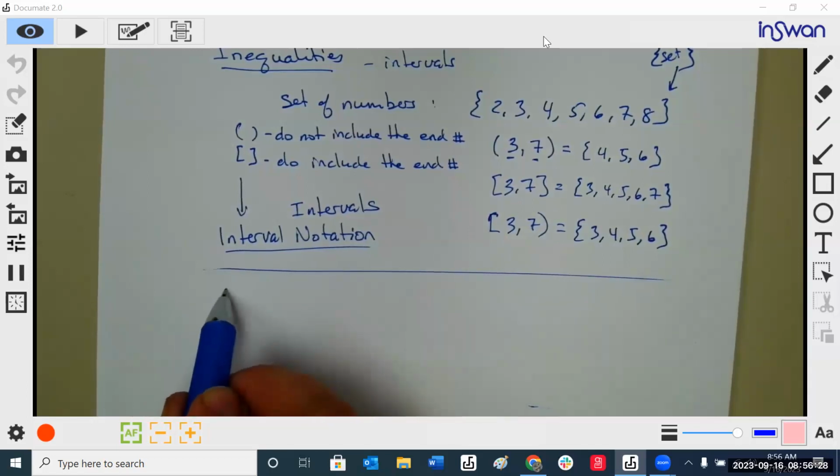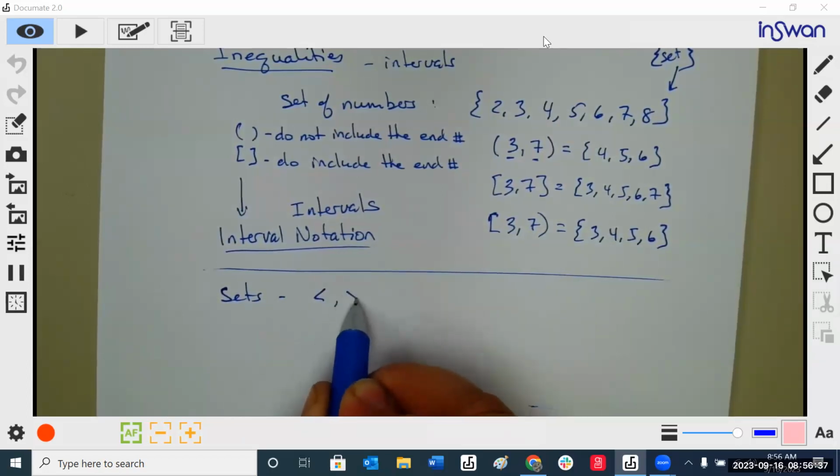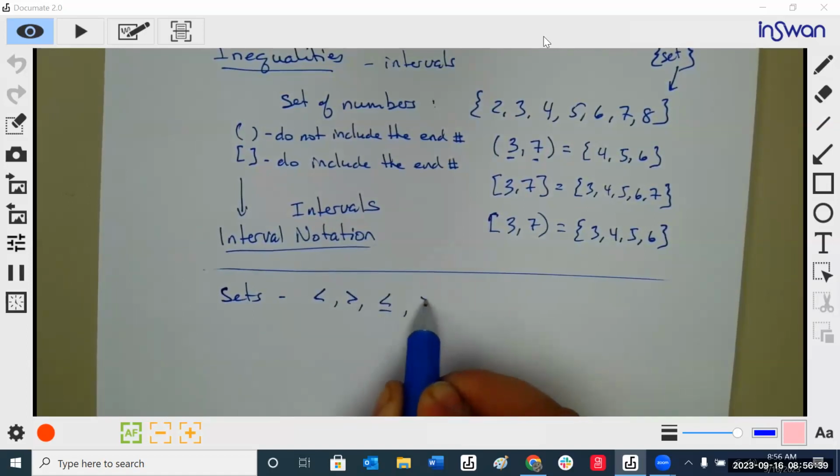Another thing we have are called sets. In this one, we use these symbols. We'll point the arrows.